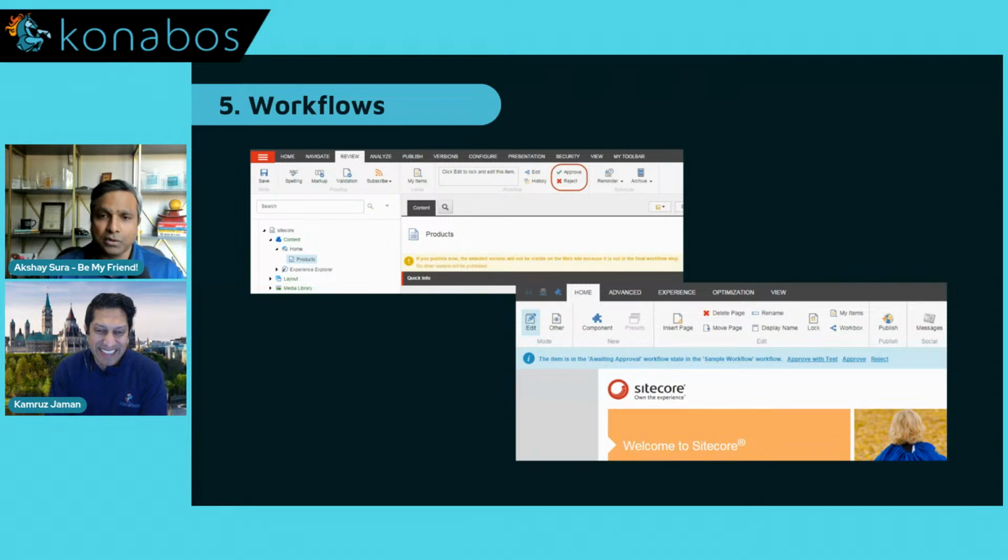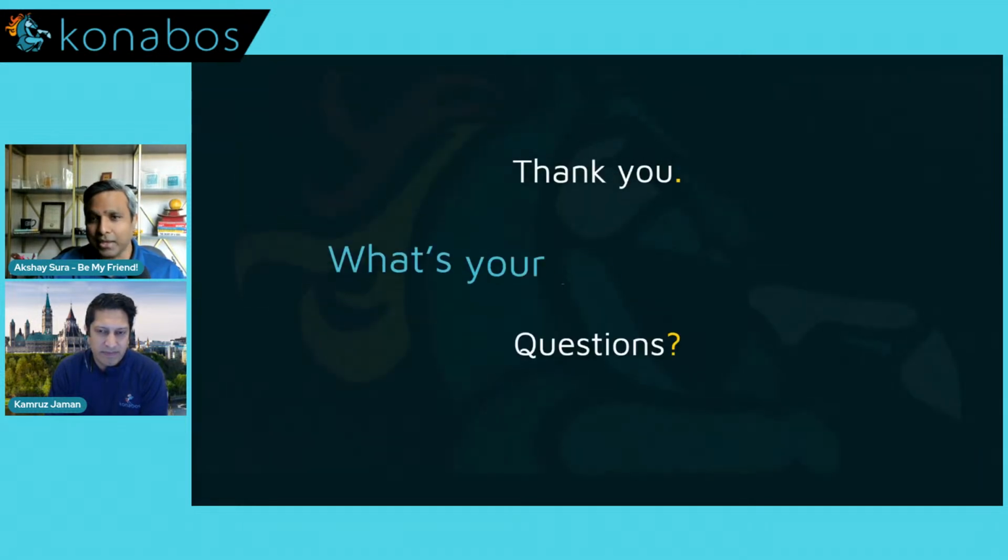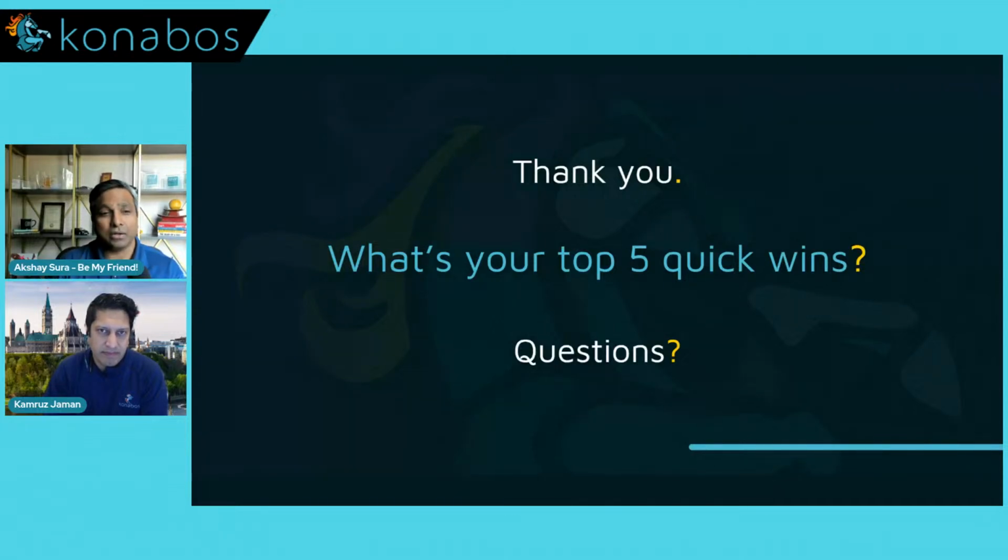Roles are useful rather than individual user permissions, just because you can control it at a role level rather than at an individual level. So hopefully these five are quick and easy. They are not that difficult. They don't need code changes. You could easily do quite a bit of this just with configuration, doing it on the Sitecore instance itself.